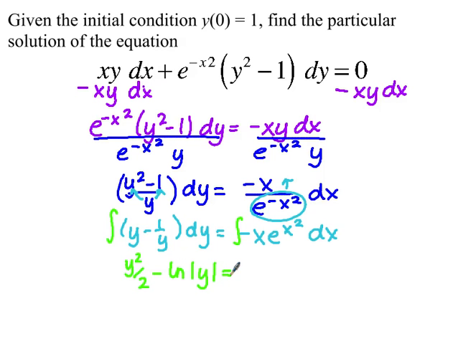Equals, now over here, if you do a u substitution, u is x squared, what's du? 2x. So what I need is a positive 2 in here. Actually, I'm going to multiply by a negative 2, so that means a negative 1/2 on the outside. So the integral will be negative 1/2 e to the x squared plus c.